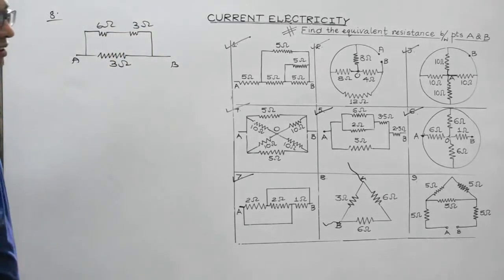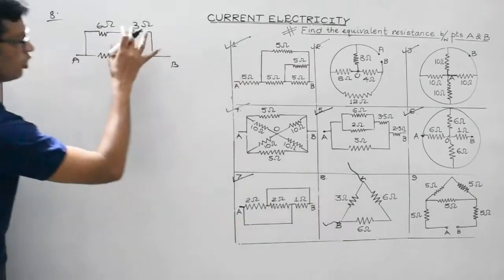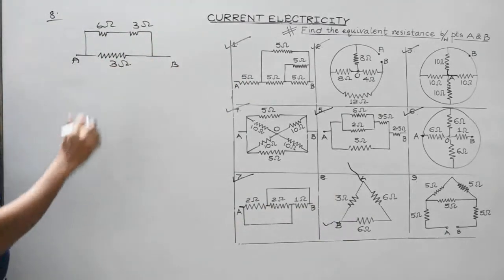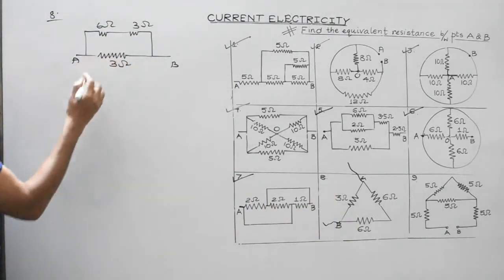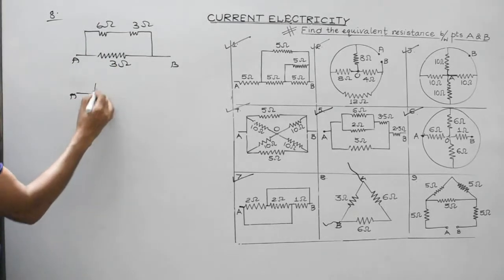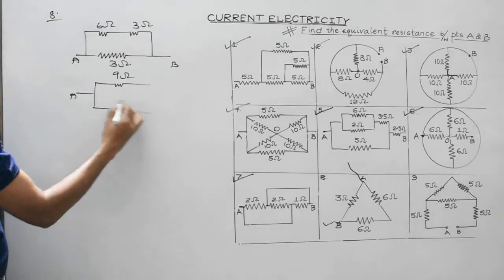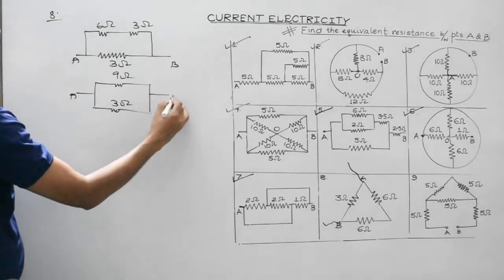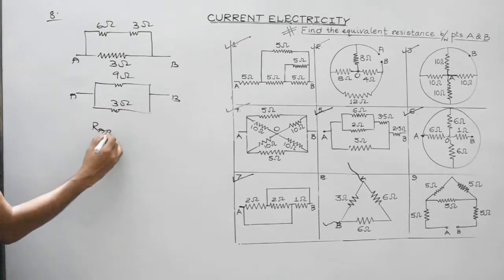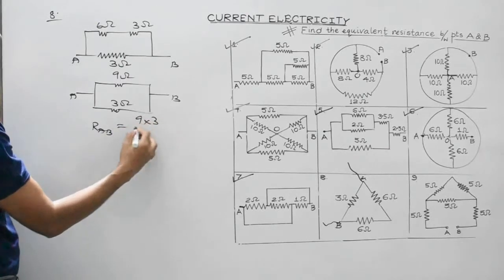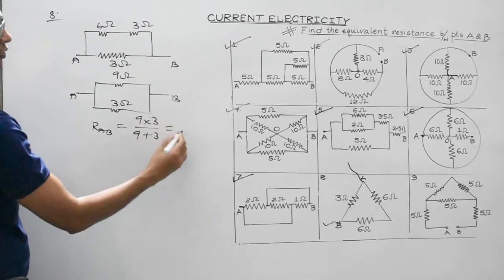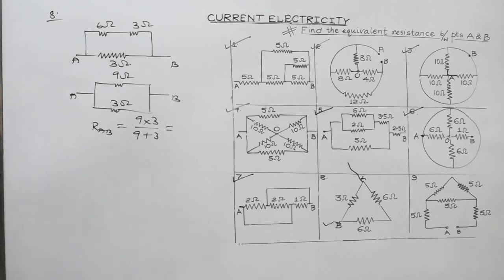They are connected in series, right? So this circuit can be redrawn in this particular manner. So what we get is, these two are in series, no doubt regarding this. So it will give us 9 ohm and this is 3 ohm and this is point B. So RAB would be equal to 9 into 3 divided by 9 plus 3. It's clear, students?